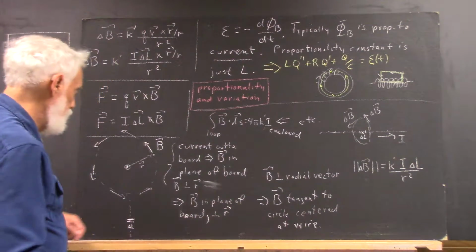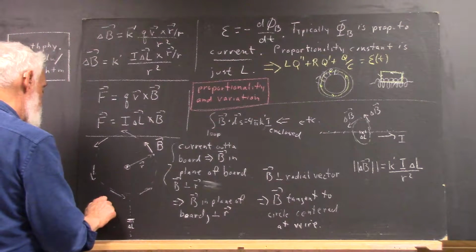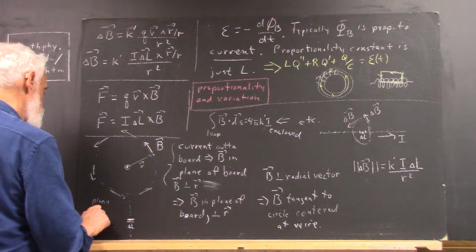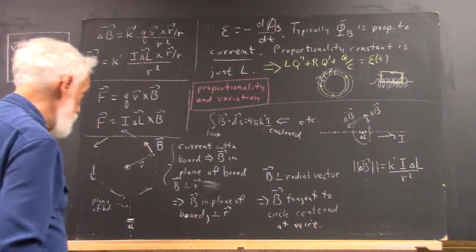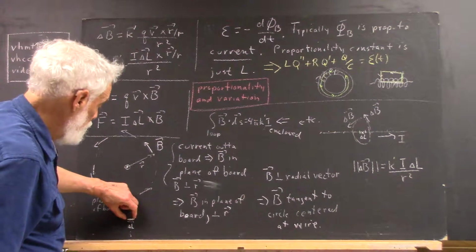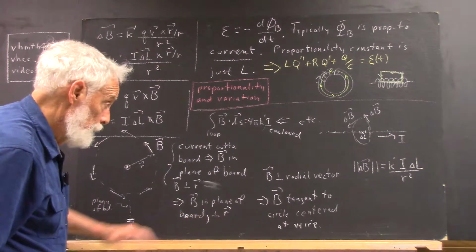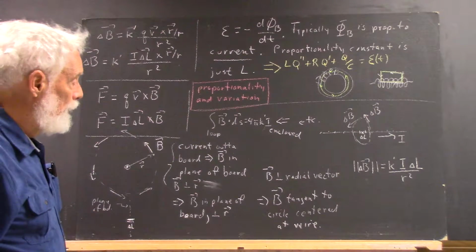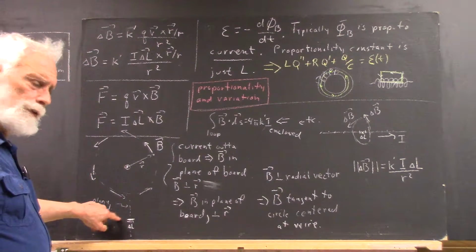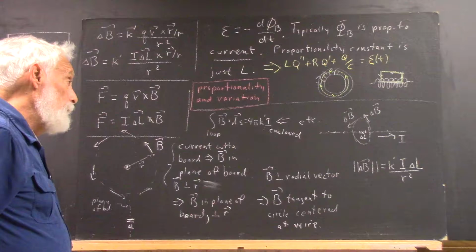So if this dotted line is the plane of the board, looked at from the side, our delta L segment is here along a wire perpendicular to the board. And I don't think I was very explicit about that. So if you had some questions regarding that, that should help clear it up.